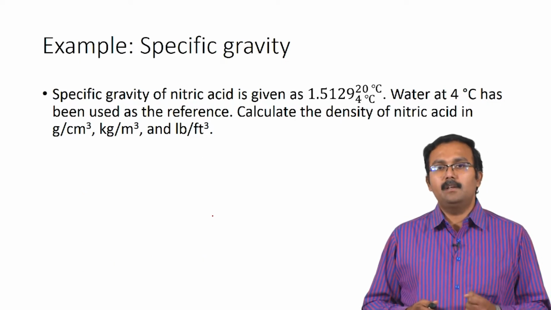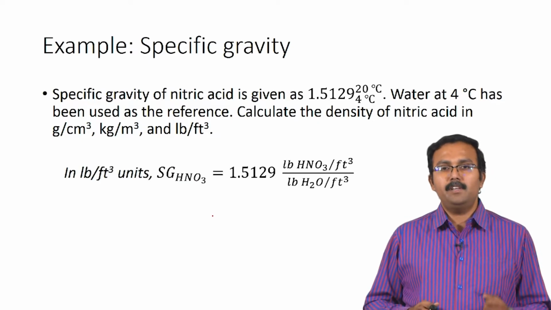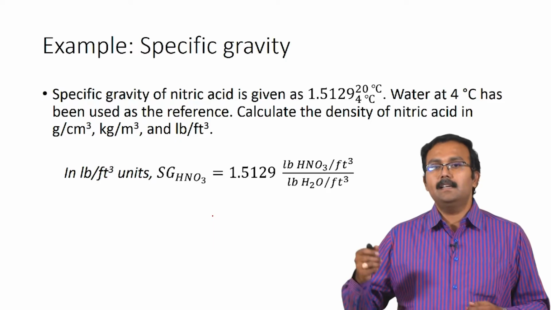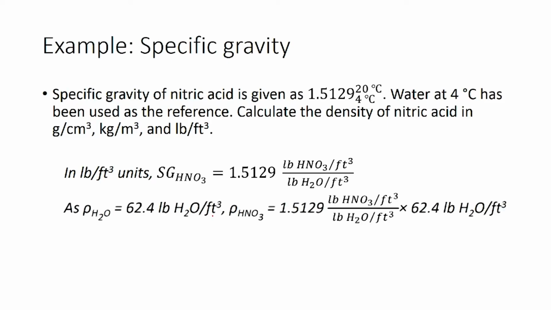If I want to calculate the density in terms of pound mass per feet cube, then the specific gravity should be written down as 1.5129 pounds of nitric acid per feet cube divided by pounds of water per feet cube. Using the density of water as 62.4 pounds of water per feet cube, I can calculate the density of nitric acid as 1.5129 times 62.4, giving a final value of 94.4 pounds of nitric acid per feet cube.